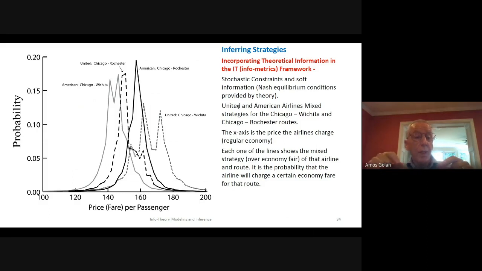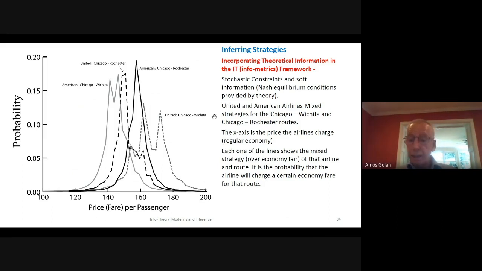And also with some additional uncertainty. And then you maximize the entropy over the parameters of interest, which is the mixed strategy, plus the entropy of the uncertainty about all of the constraints. And this is what you get here.